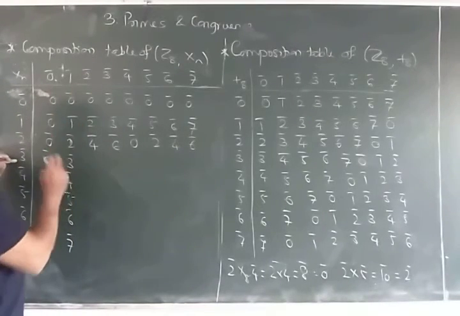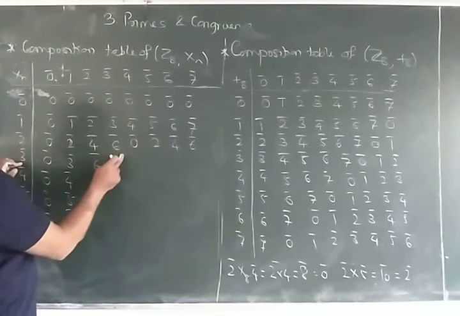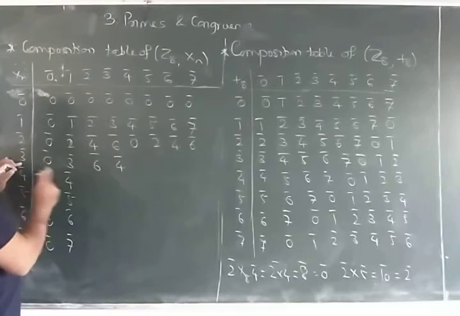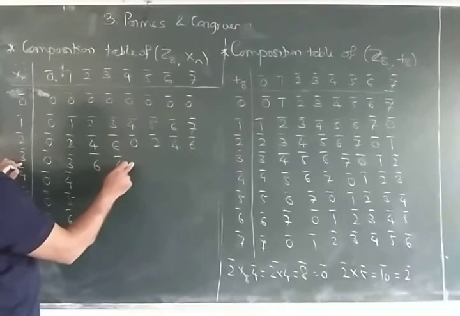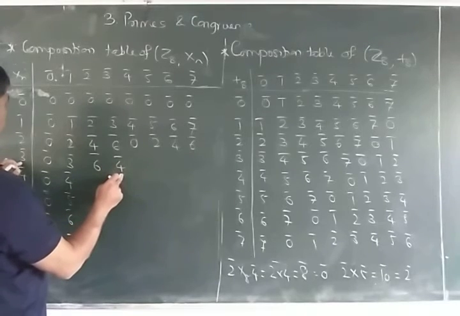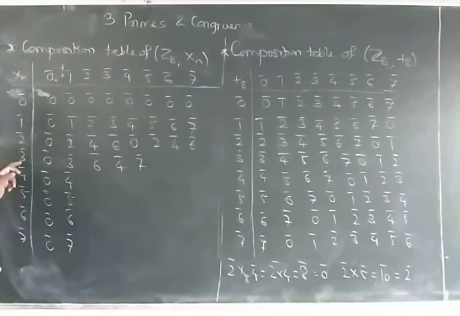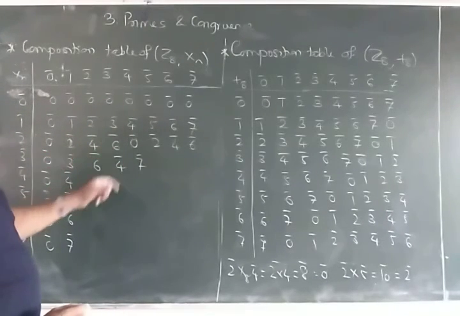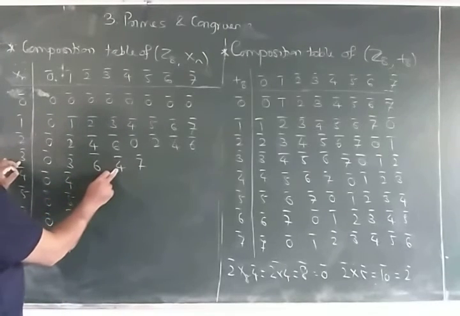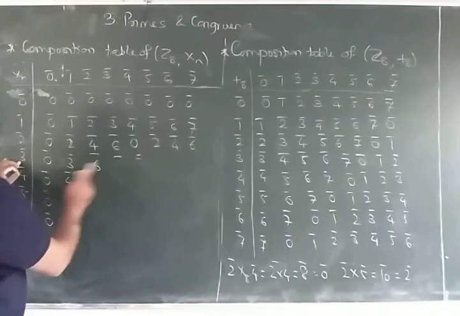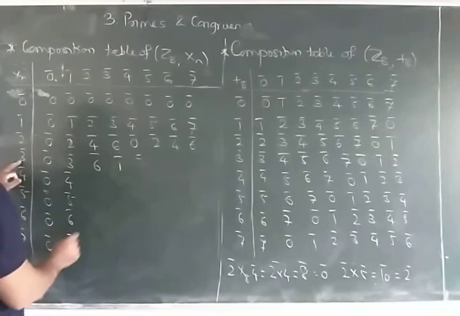3 into 2 is 6. 3 into 3 is 9. 9 divided by 8 gives 1 bar.